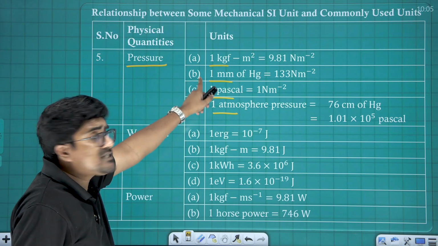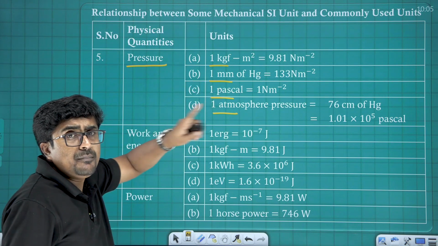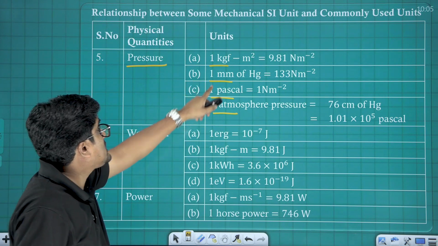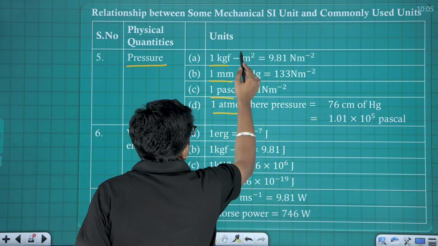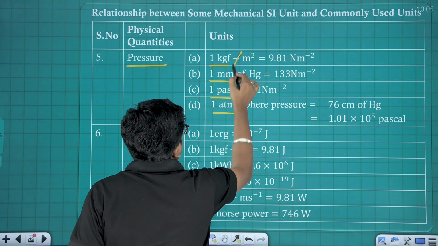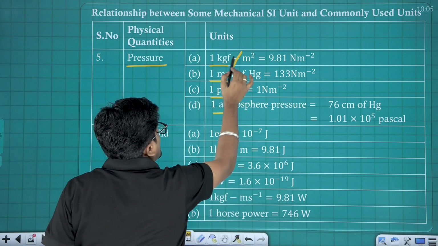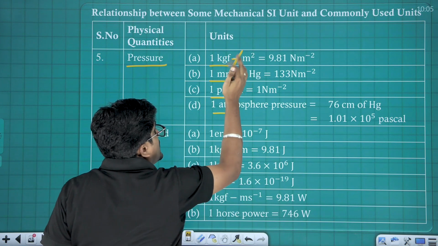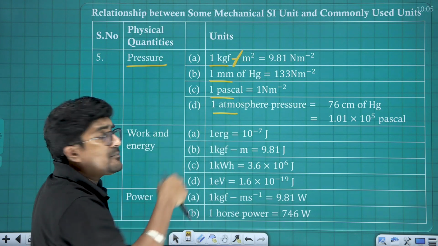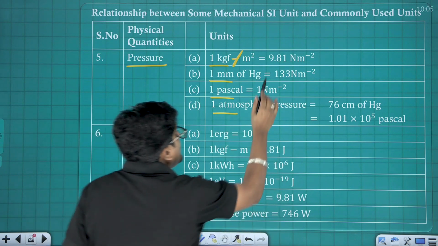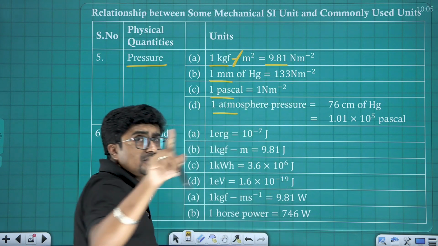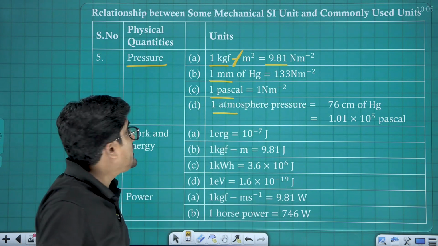The first one is 1 kilogram force per meter square. Now here this is per meter square, which means it is divided by area. And there, 1 kilogram force is 9.81 Newton per meter square.